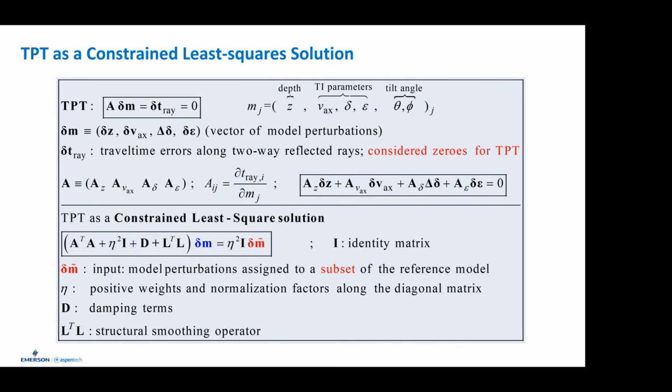Now, of course, what we want is to be able to generate the different scenarios, or what I call legal scenarios, which means that all the scenarios generated should also be consistent with the seismic data.